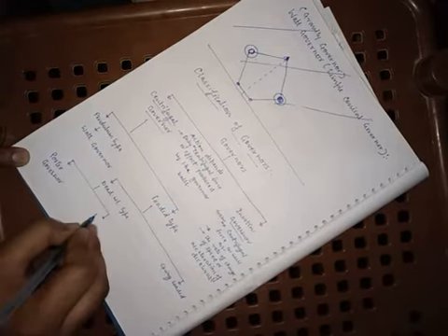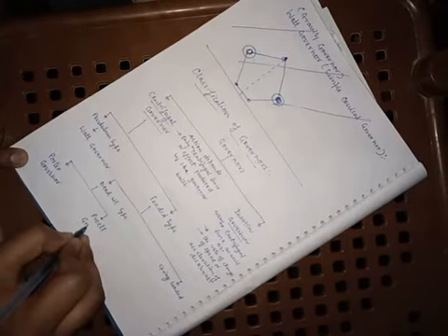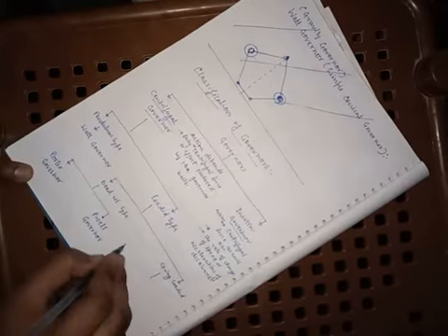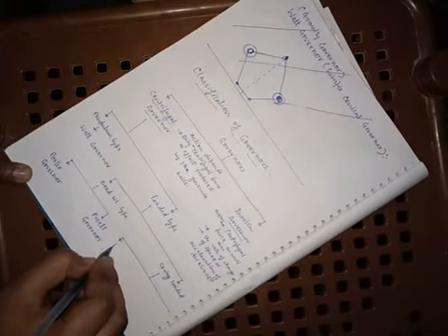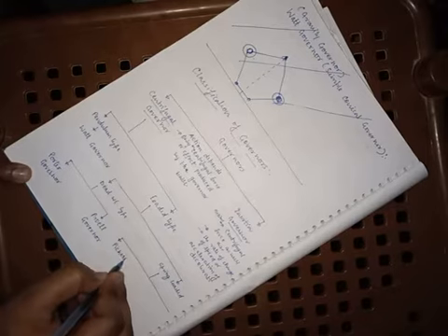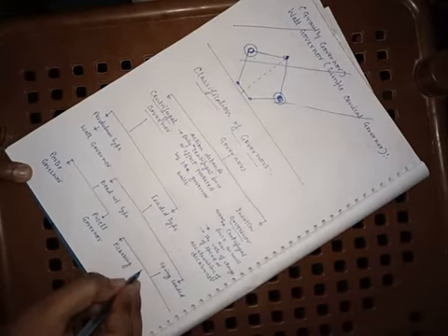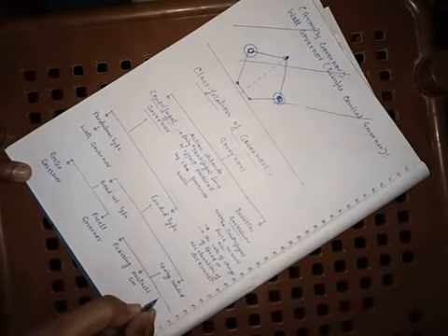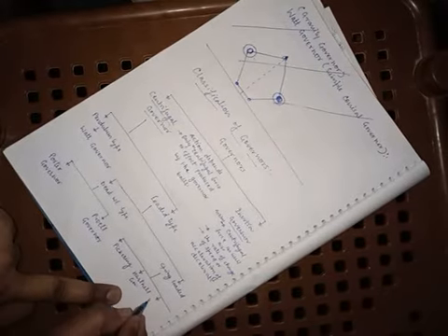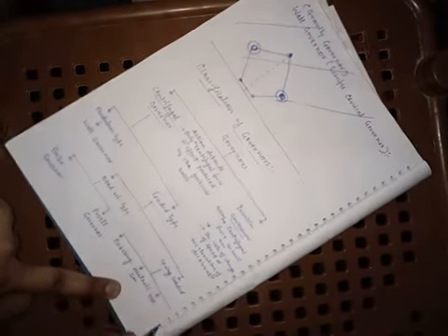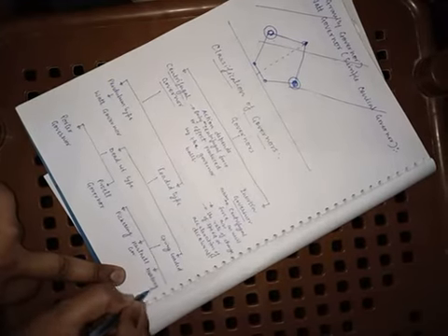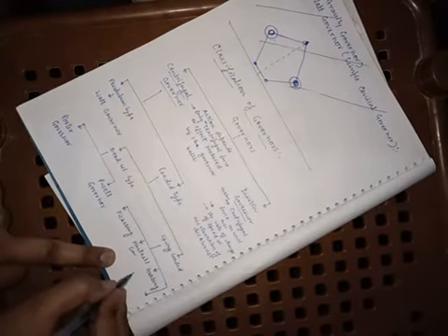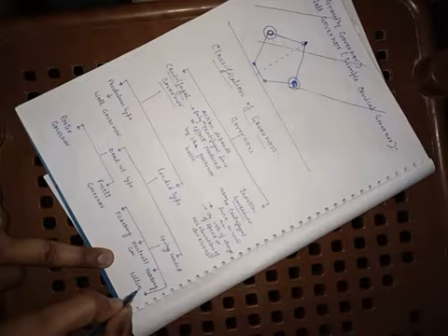Spring loaded type governors are the Pickering governor, Hartnell governor, Hartung governor, and Wilson-Hartnell governor. So this is the basic classification of the governors, how the governors work.